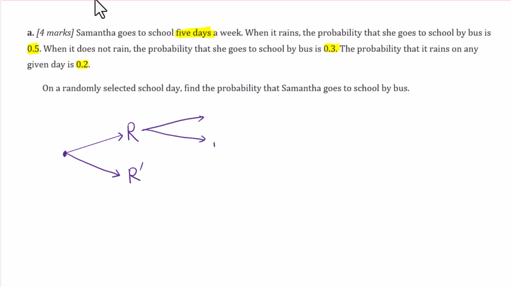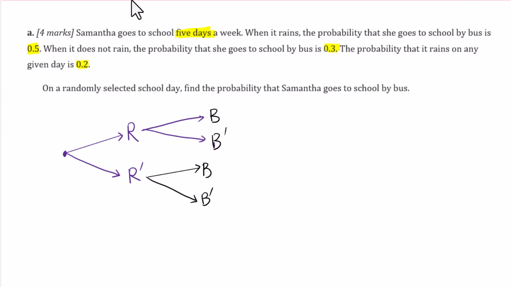On a raining day, go to school by bus, or go to school not by bus. On a not raining day, go to school by bus or go to school not by bus. Let's find out the probabilities for each branch.